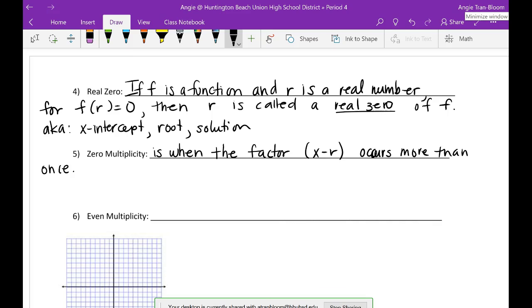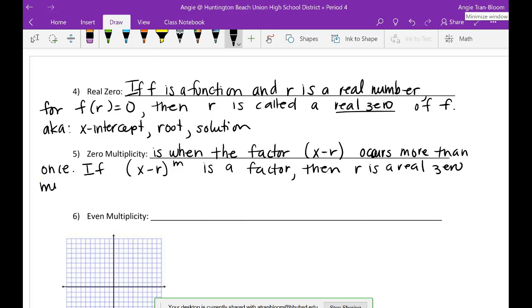If x minus r to the nth is a factor, then r is a real zero multiplicity m of function f.